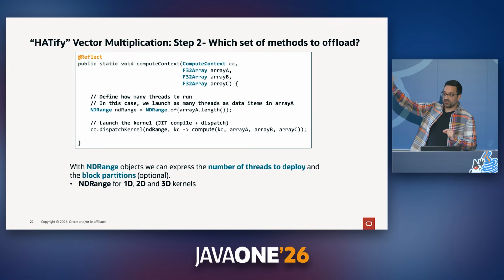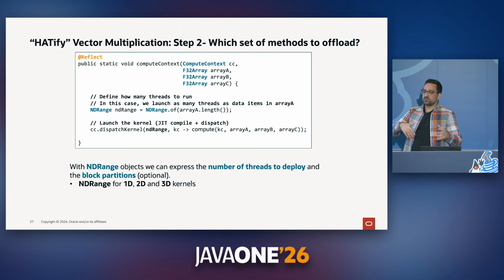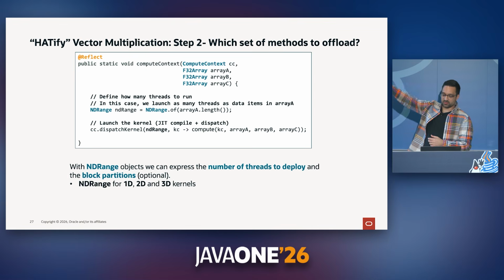It's annotated with @reflect because with code reflection, we can analyze the whole data flow of our application, right? And that's what Ruby talked about in the previous talk, analysis of data flow and minimizing data transfer. This is in this block of code. As for ND range, we can express it for 1D, 2D, or 3D.